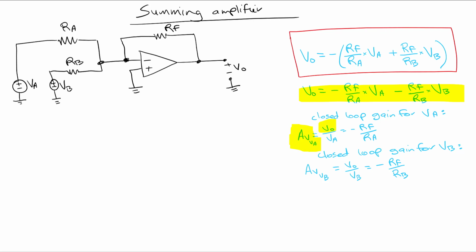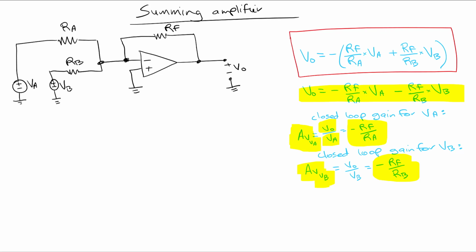It's just Vout over the VA input, and in this case it's minus RF over RA. We can do the same thing for the VB input, and the gain works out to minus RF over RB. So the trick is when we have two inputs, we make a closed loop gain for each of the individual inputs.